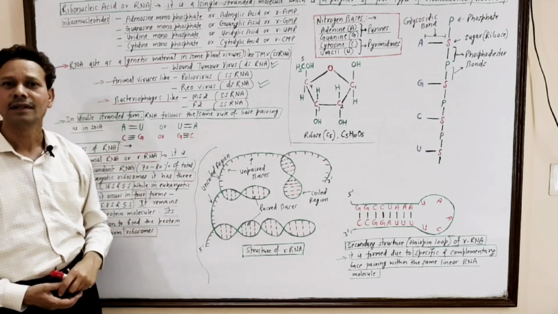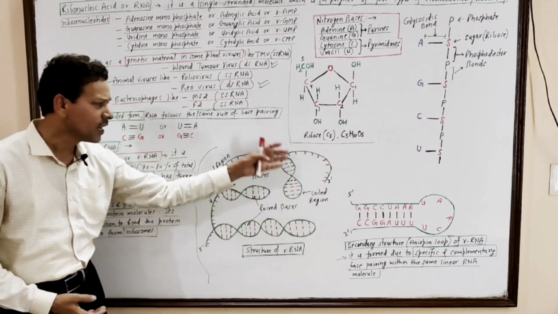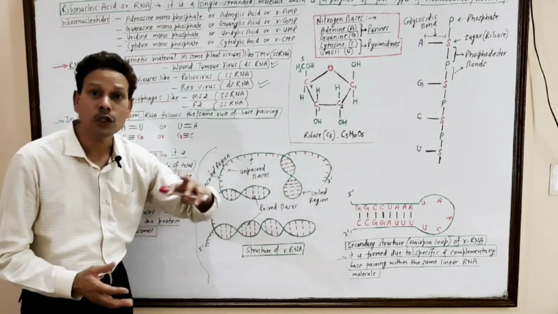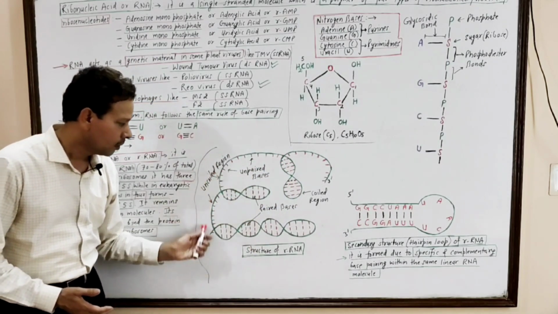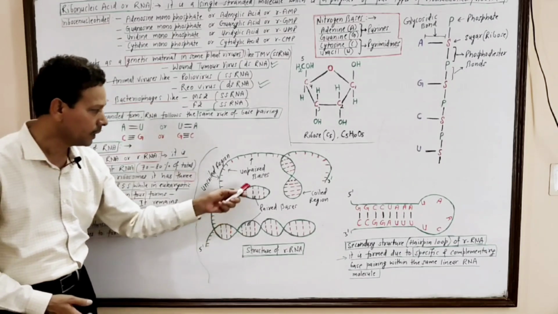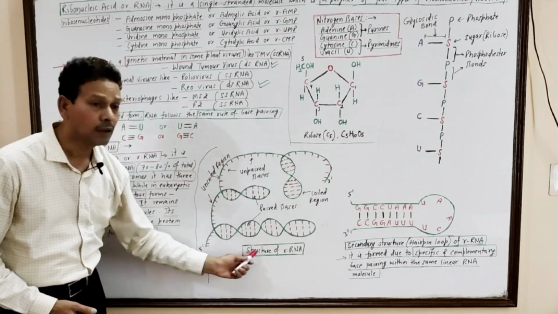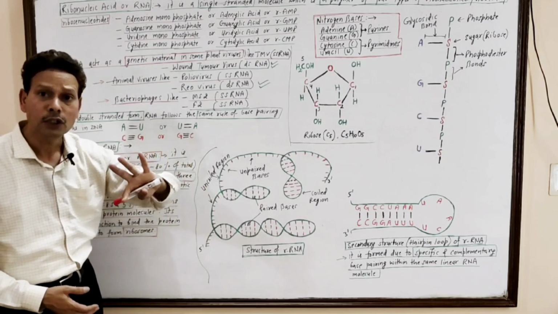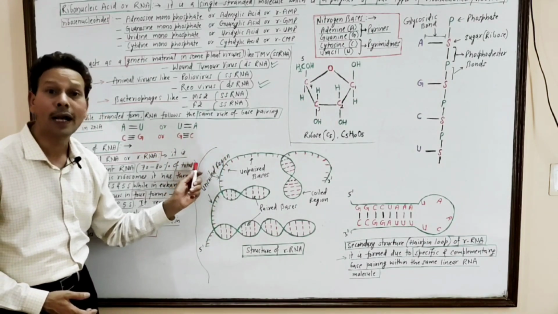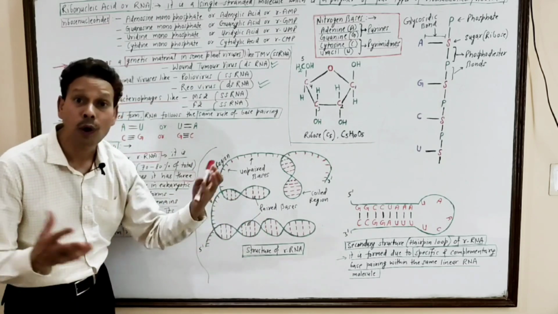Ribosomal RNA is generally a linear structure, but note down, it becomes coiled over the protein molecules. As a result, it has two parts: an uncoiled region and a coiled region.